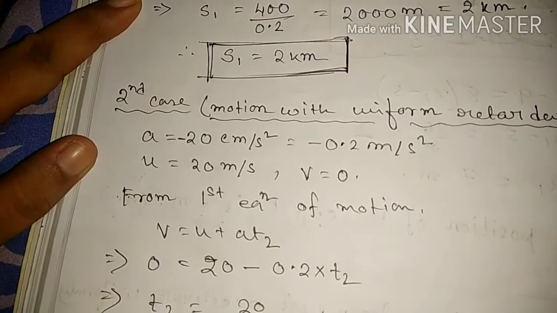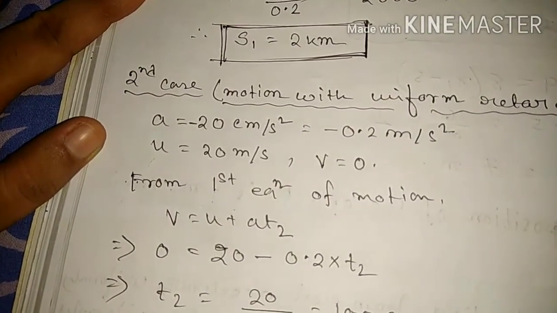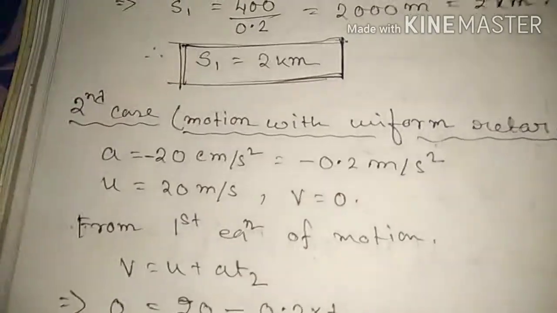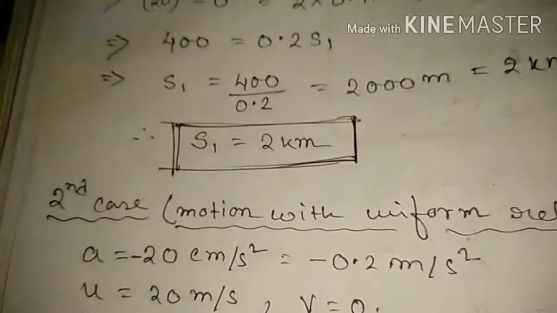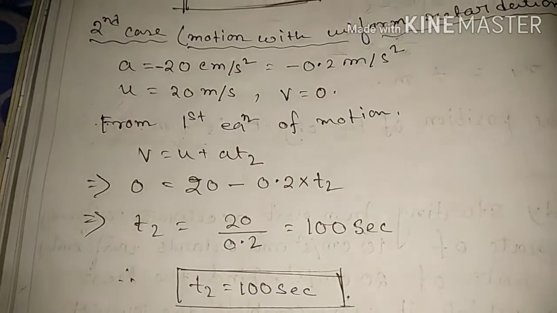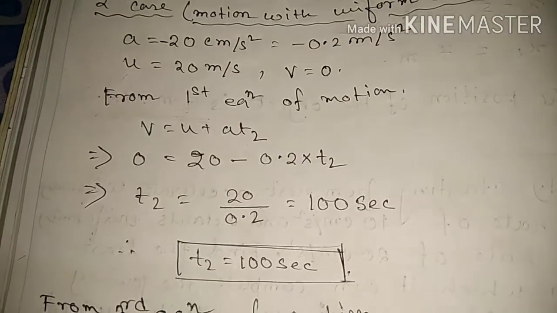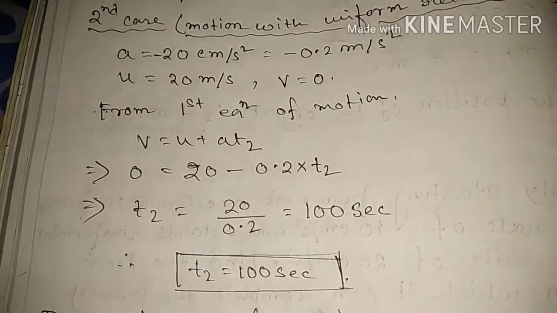That's why we use the minus sign. u equals 20 meter per second and v equals 0. So using the first equation of motion, v equals u plus a t2 for the second case. That's why we mention here t2. After putting the values, t2 equals 100 second.